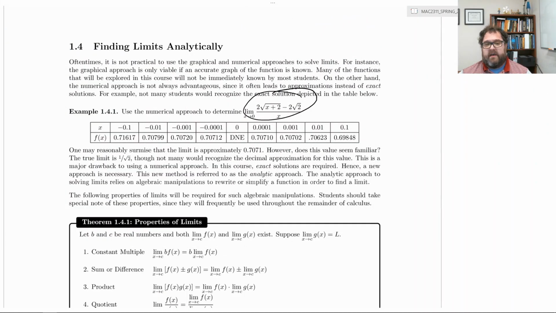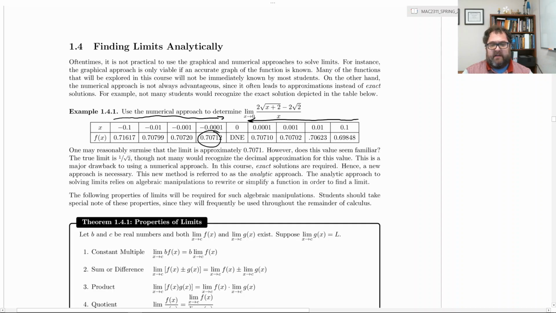Then you might say, okay, what if I try the numerical approach? Well, here is the numerical approach. Right below, you have a table of values. I looked from the left and the right, as x values get very, very close to 0, and you see the same thing.